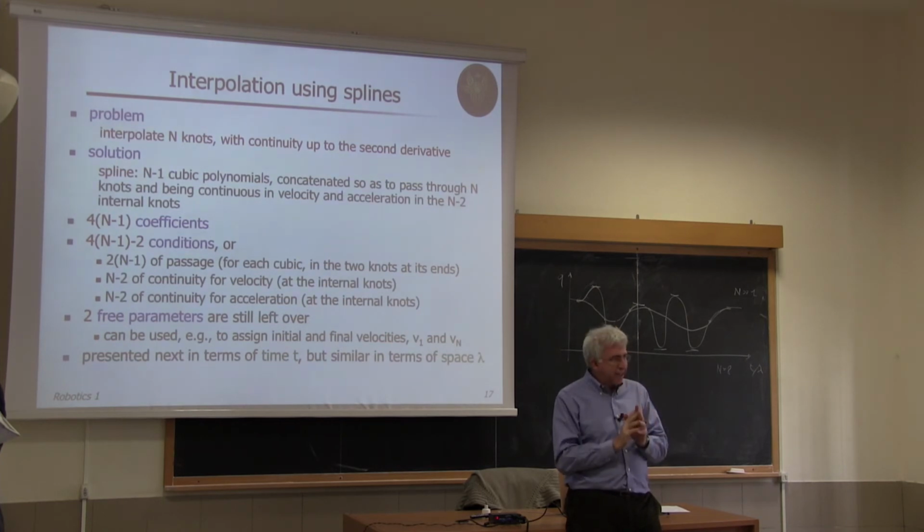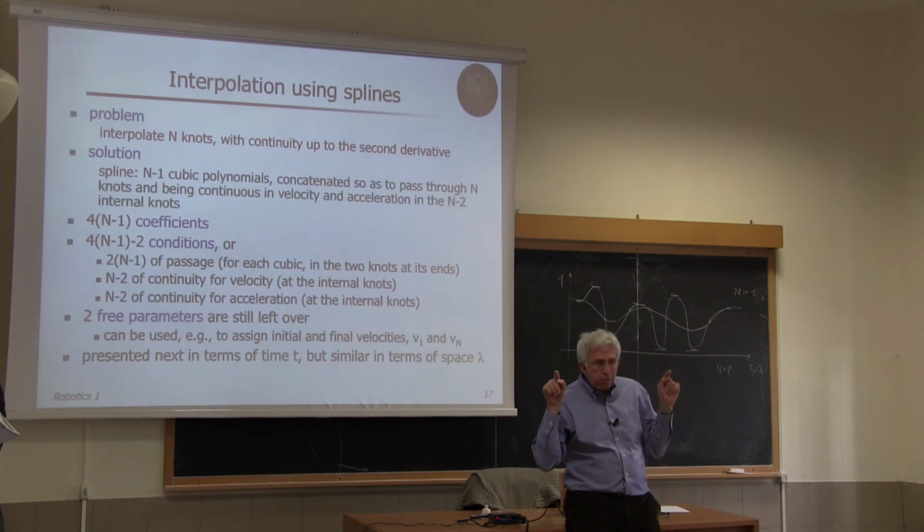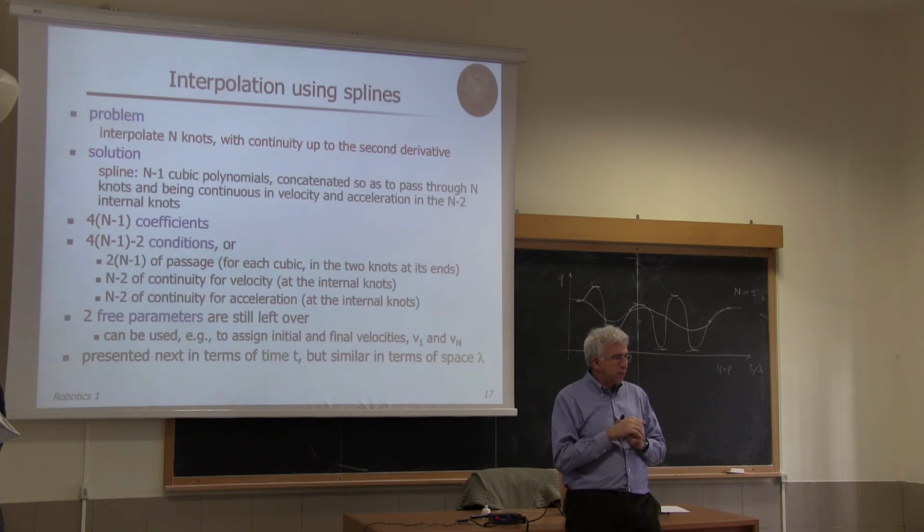So for a cyclic task, instead of imposing an initial velocity and a final velocity, we can treat the initial and final knots like all the internal ones. So we just impose continuity of velocity and continuity of acceleration, so that this initial-equals-final knot is treated like those intermediate knots. In fact, in a cyclic path, you don't recognize where you started and where you end.